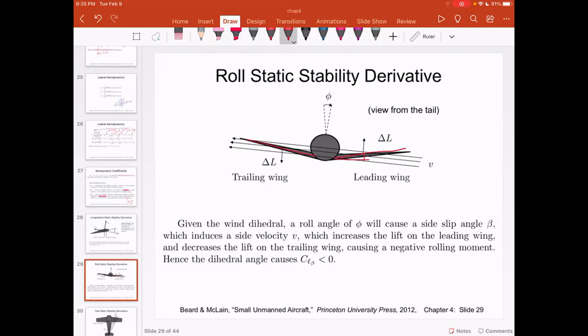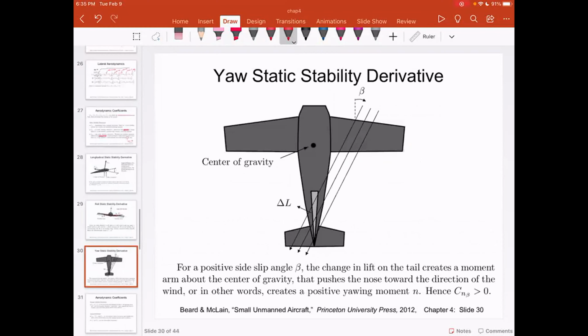For an example, leading wing would have a higher lift compared to the trailing wing, and that causes the natural roll stability. And if you have a dihedral, and if your CLB is less than 0, then it will cause the aircraft to be stable in roll. So all of a sudden, if the aircraft gets rolled because of some disturbance, aircraft will return back to its original equilibrium orientation because of this stability properties.